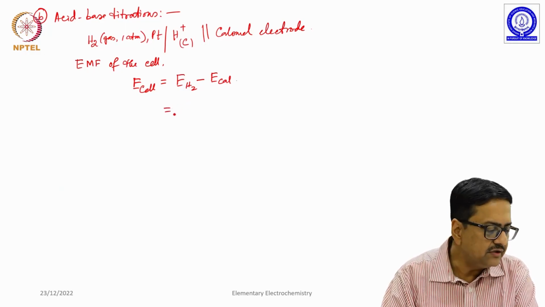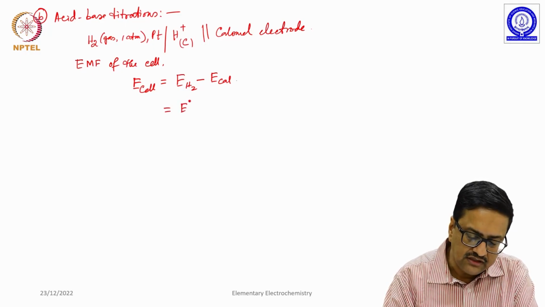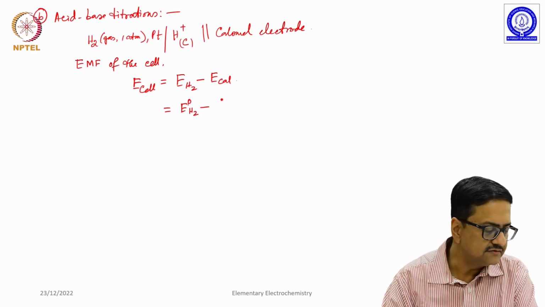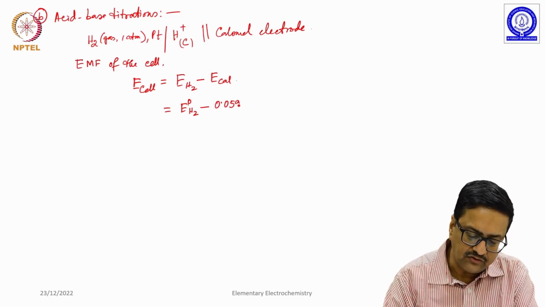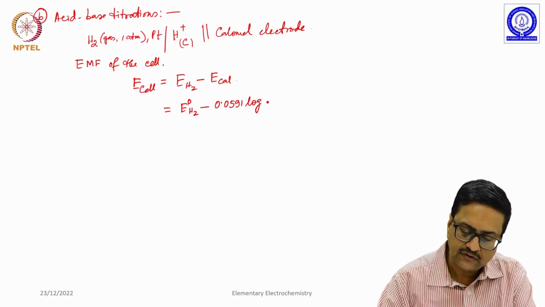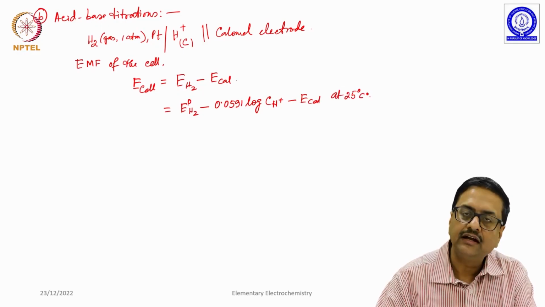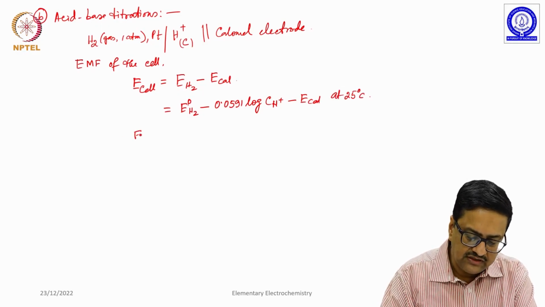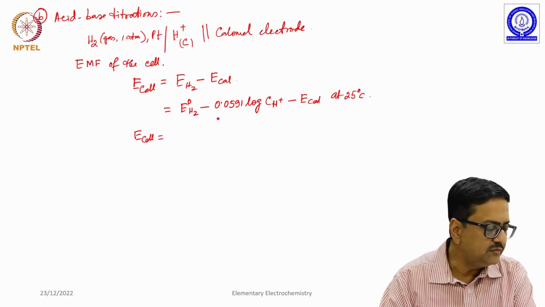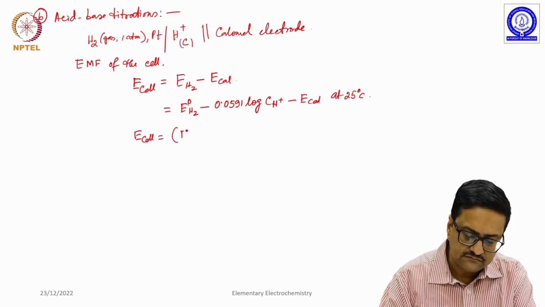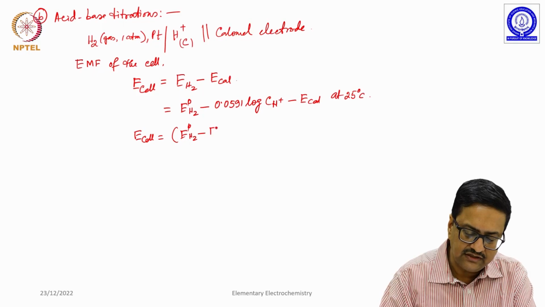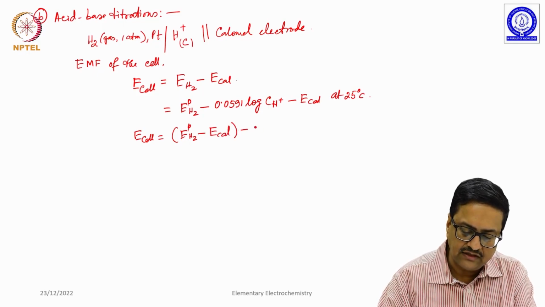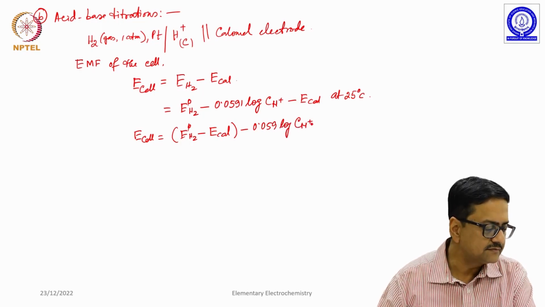E hydrogen can be written as E0 hydrogen minus 0.0591 log of concentration of H plus, minus E calomel at 25 degrees centigrade. So, E cell can then easily be written as E0 H2 minus E calomel minus 0.059 log of concentration of H plus.